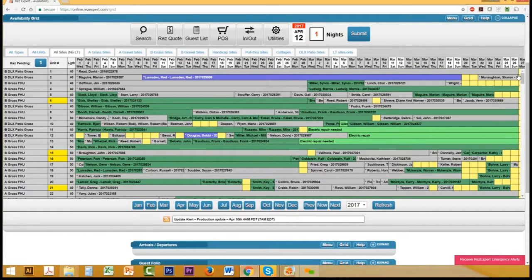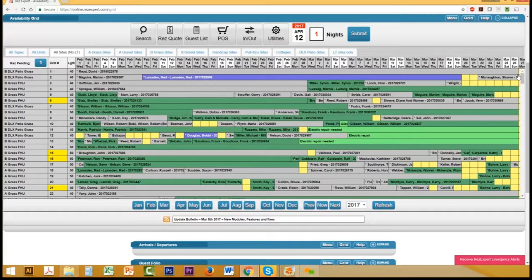As more reservations continue to be made, the grid will move those reservations around to continue to create the best possible, highest occupancy you can get. Wow, that's huge for us, because here in the Southwest, our season is so short that we need to make the most of it while we can.